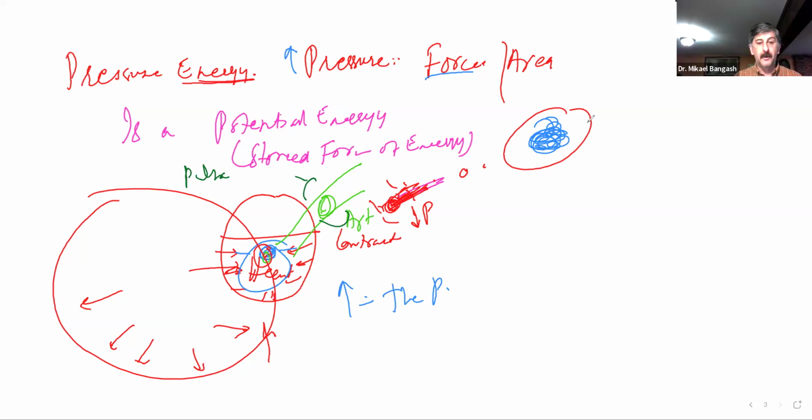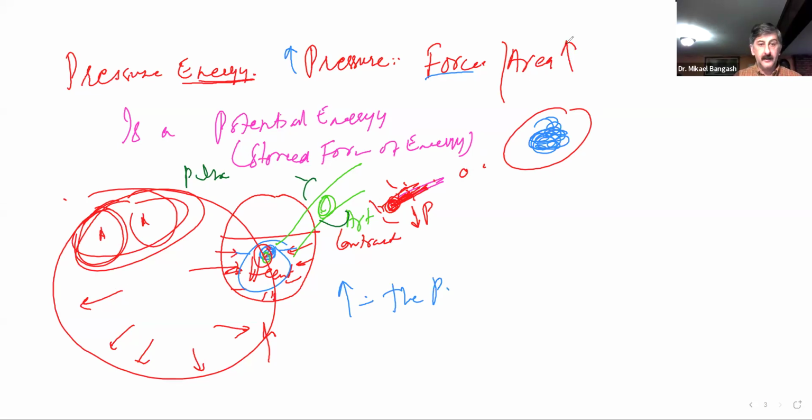Now, there was a pressure that was built up in, let's say, the atria. Here the pressure is greater than in the ventricles, and plus now the ventricles even increase in area.